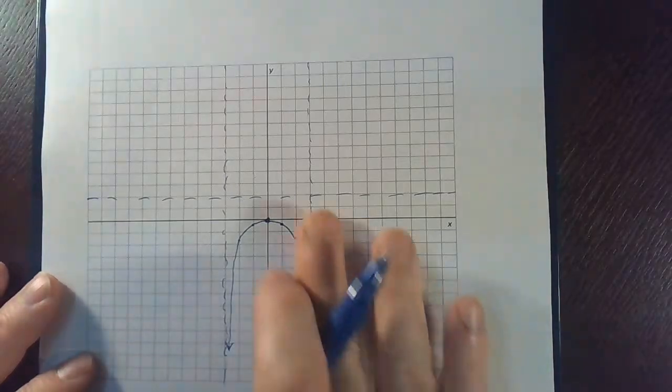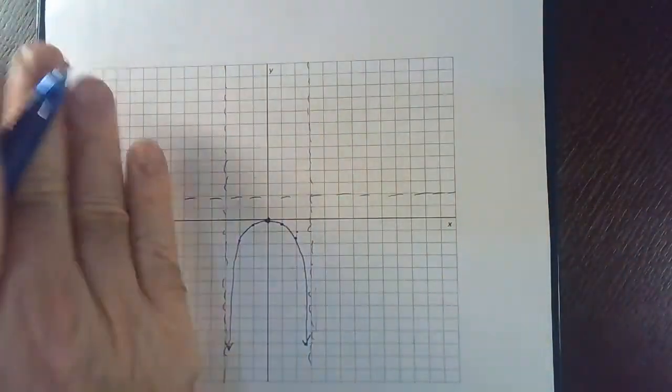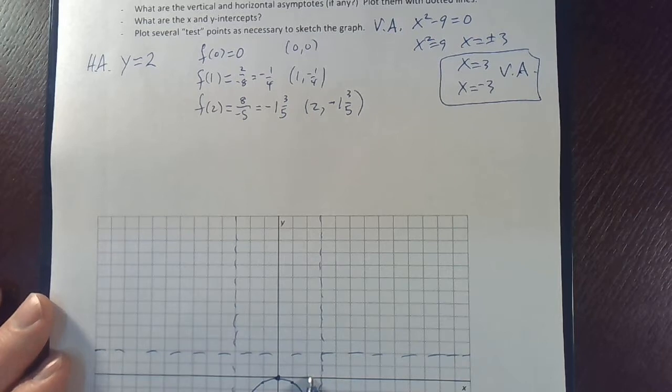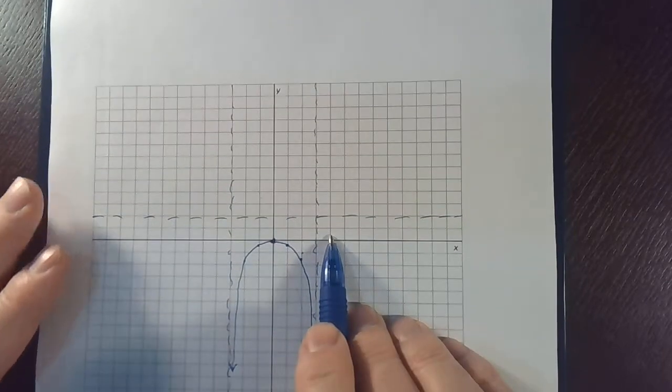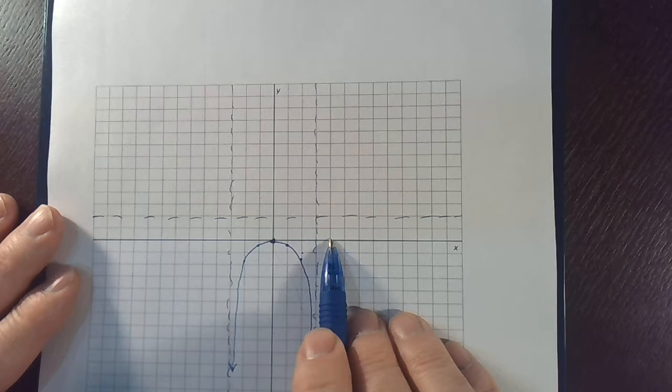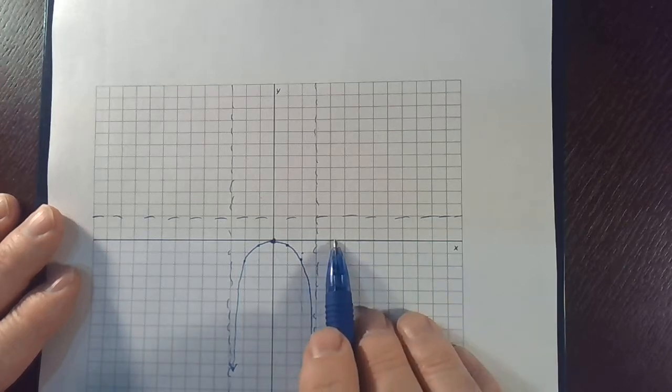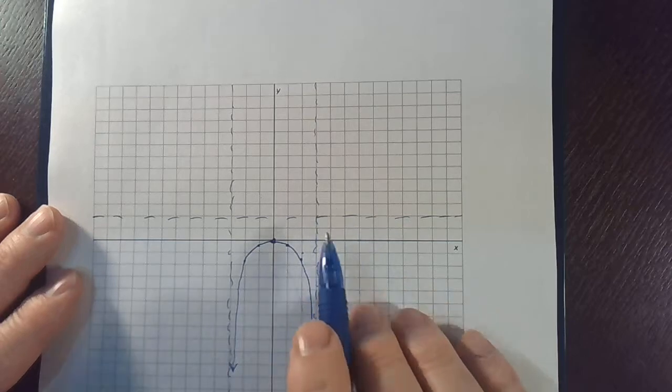Now let's do the right section, and again, we'll be able to use the mirror image over here. So I'm going to choose 4 and 10. We'll see which way it is.